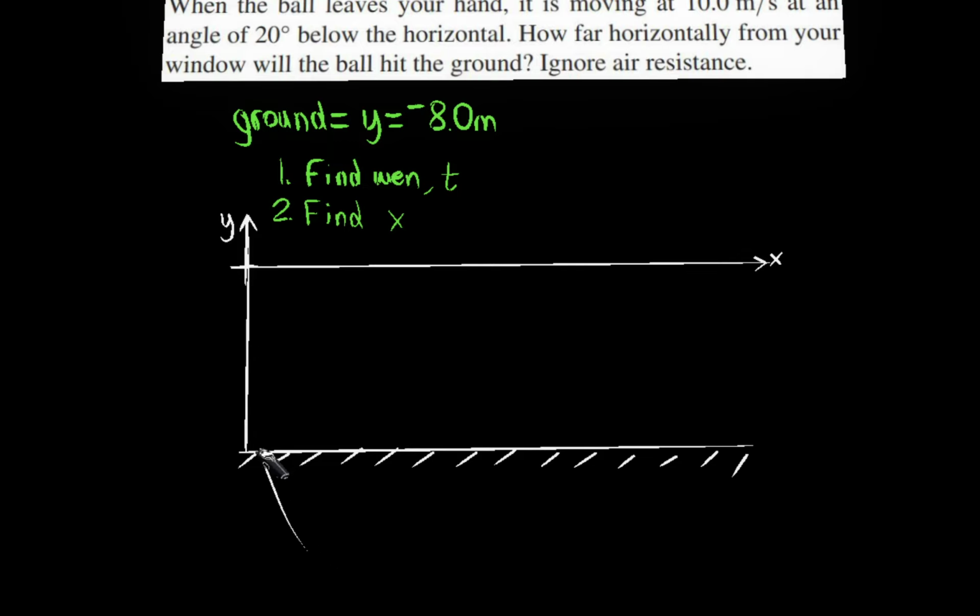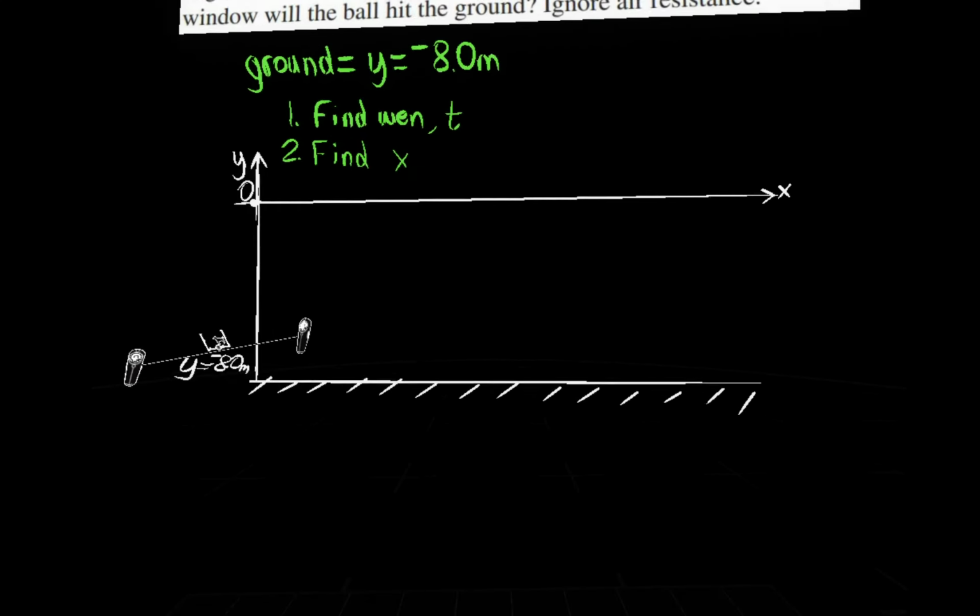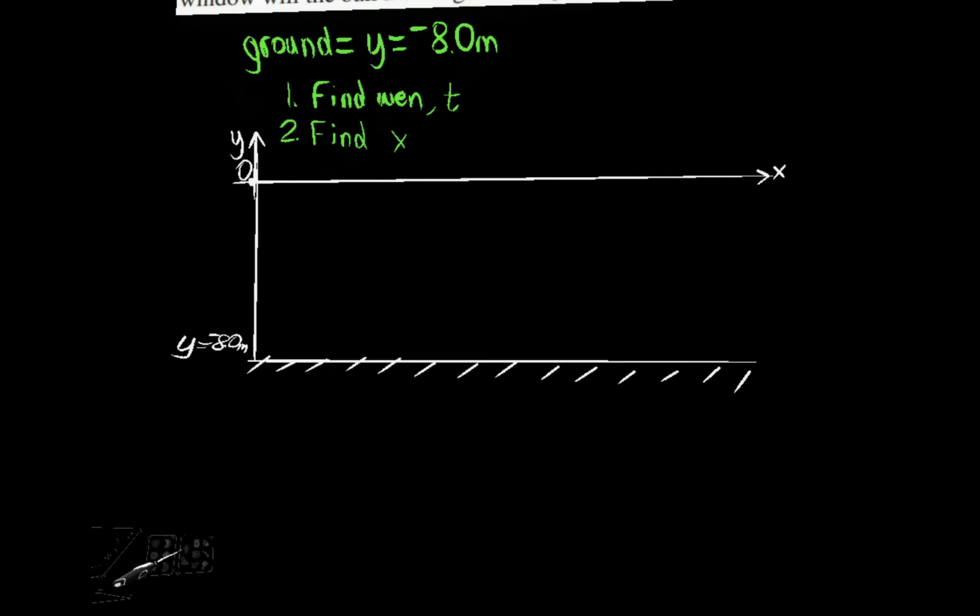And so I'm going to make my origin right there. This right here is 0, 0, x y. And so that means that this is y equals negative 8.0 meters. Okay? So this is our window.